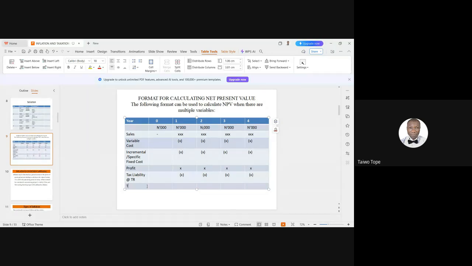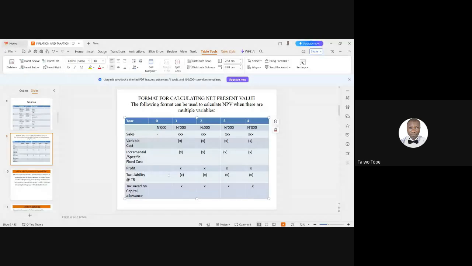So tax saved on capital allowance is an inflow.